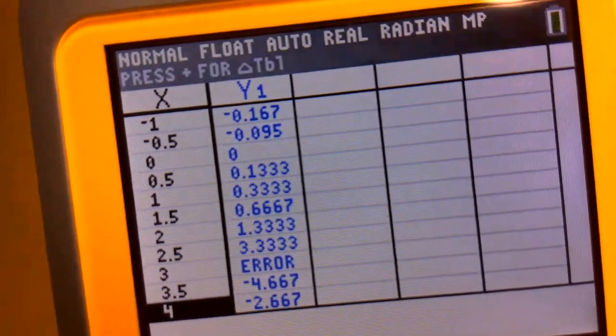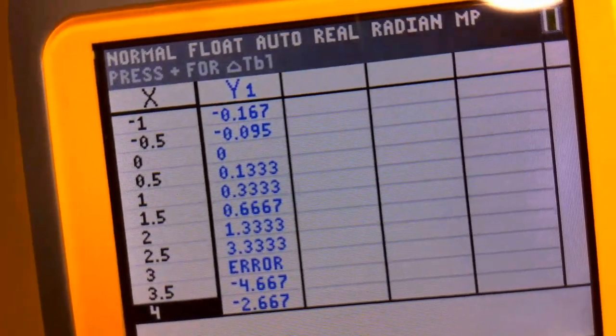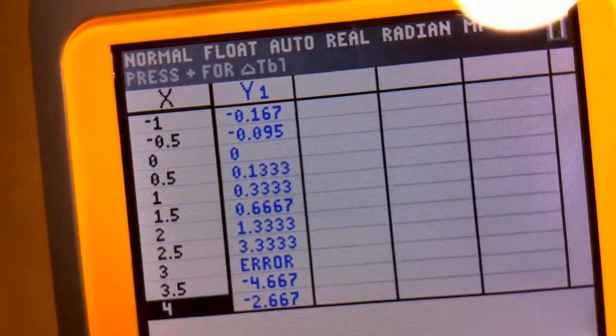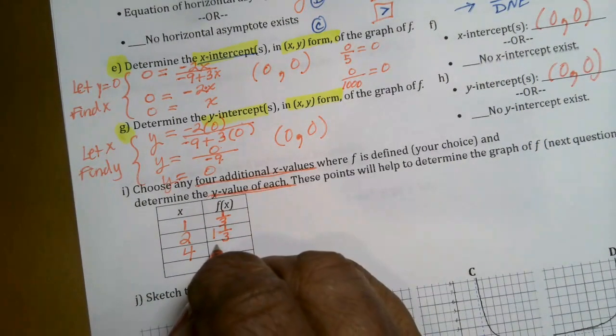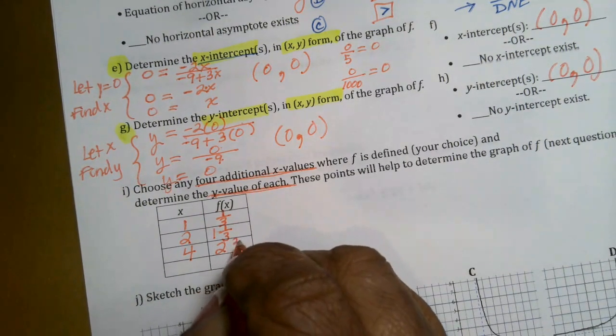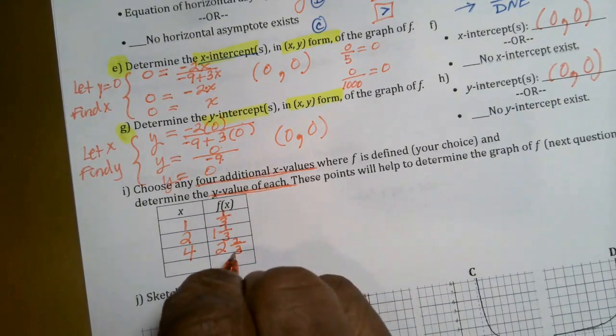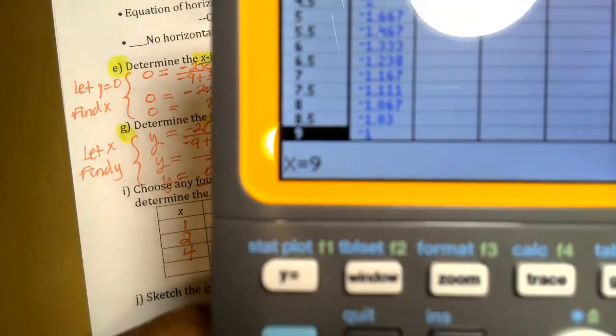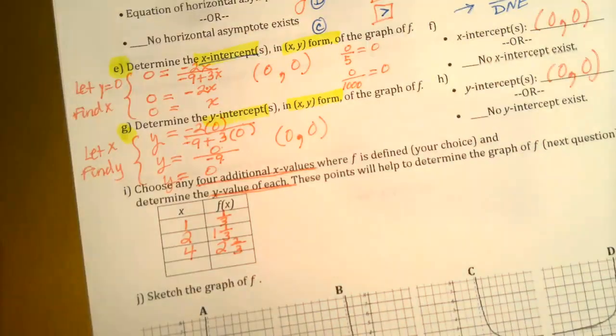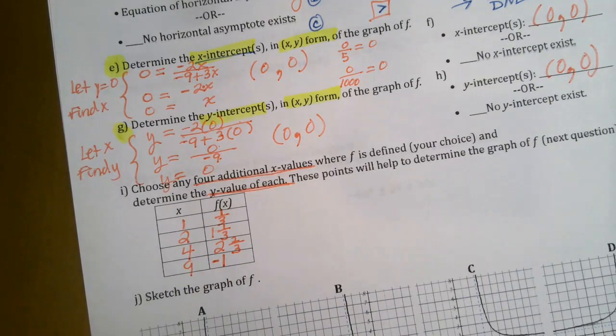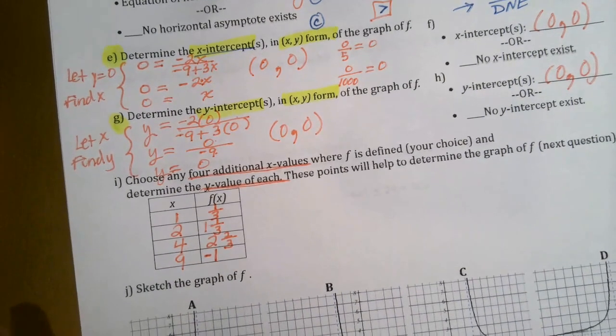At 4, let's do (4, negative 2 2/3). 4 for x, negative 2 2/3 for y, and (9, negative 1). Okay, so those are 4 additional points, any 4 that you would choose.